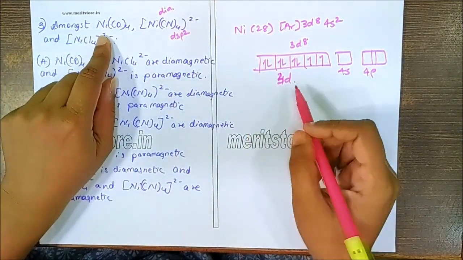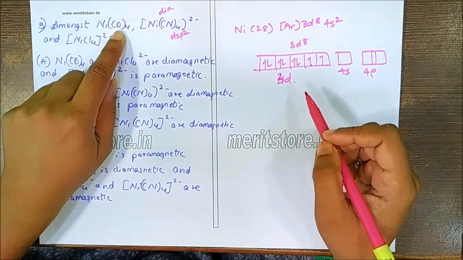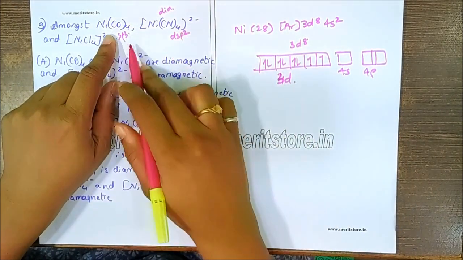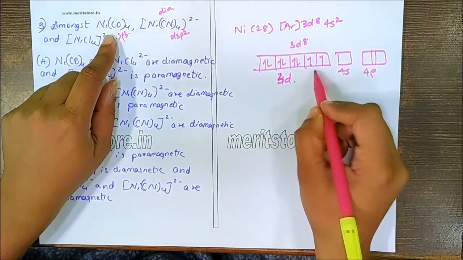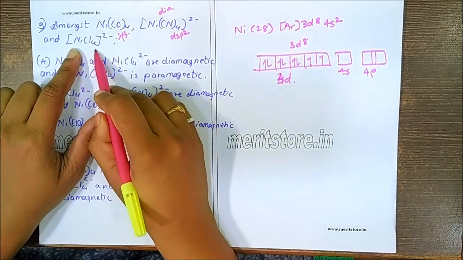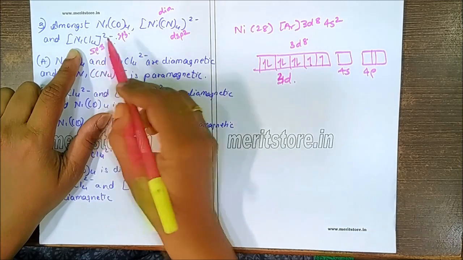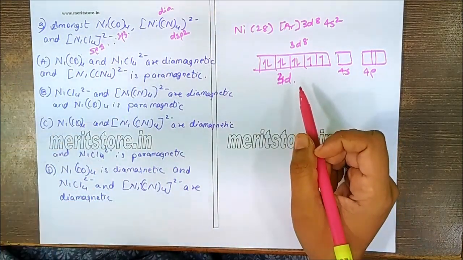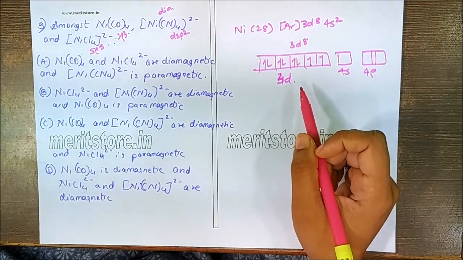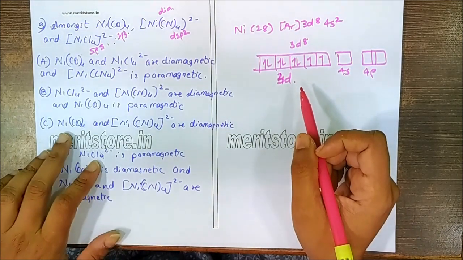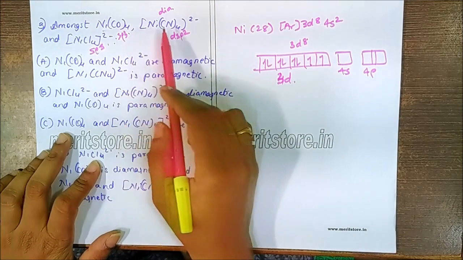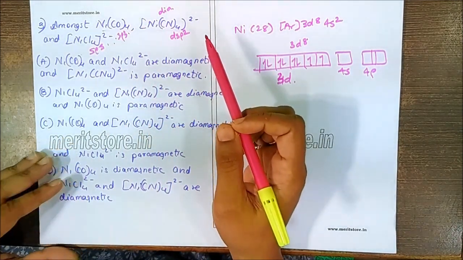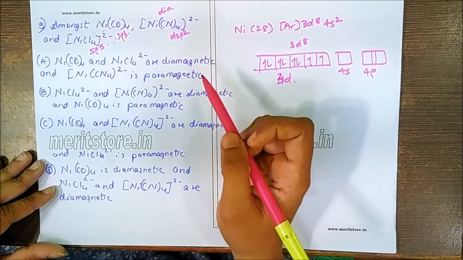Similarly, in Ni(CO)4, nickel will be in sp3 hybridization. If it is sp3 hybridization, then it will have 2 unpaired electrons, and NiCl4 is also sp3 hybridization. That's why it also has 2 unpaired electrons. So NiCl4 is paramagnetic, while the CN4 complex is diamagnetic in nature.